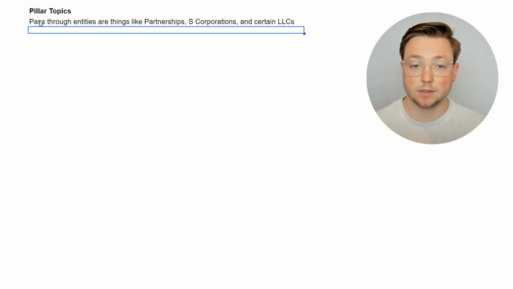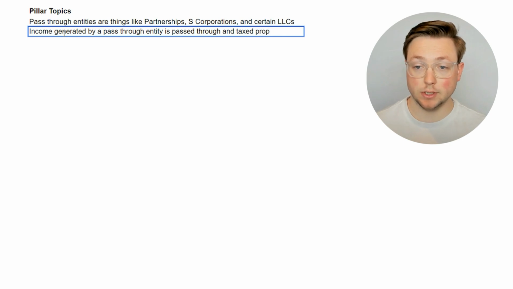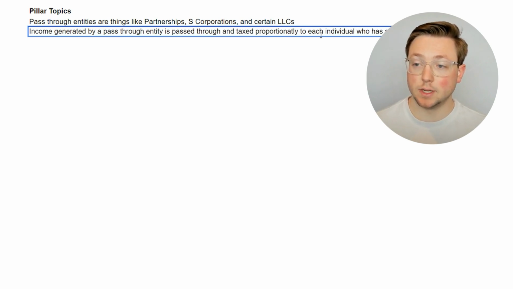Pass-through entities are things like partnerships, S corporations, and certain LLCs. Income generated by a pass-through entity is passed through and taxed proportionately to each individual who has an ownership interest.